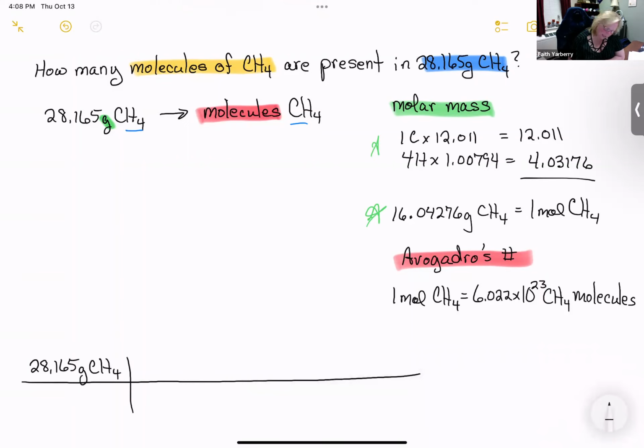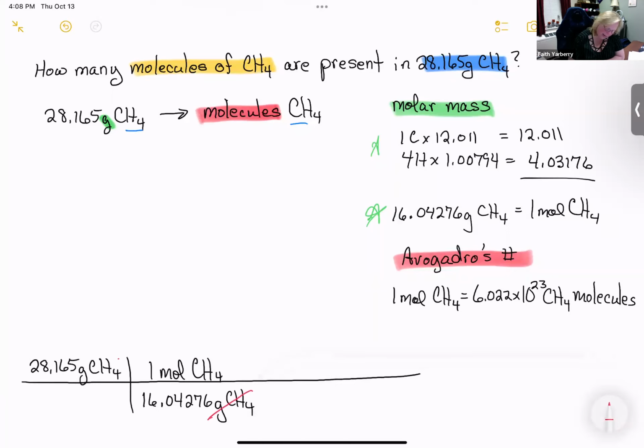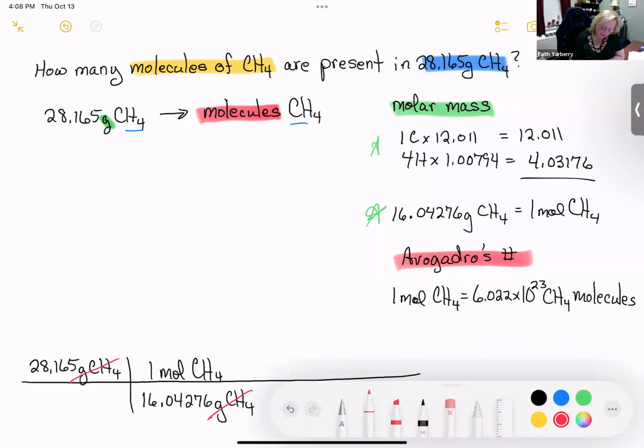I will put the mass portion in the denominator, so 16.04276 grams of methane to 1 mole of methane. The mass portion had to go in the denominator so that the unit and the substance would cancel, leaving me moles of methane.